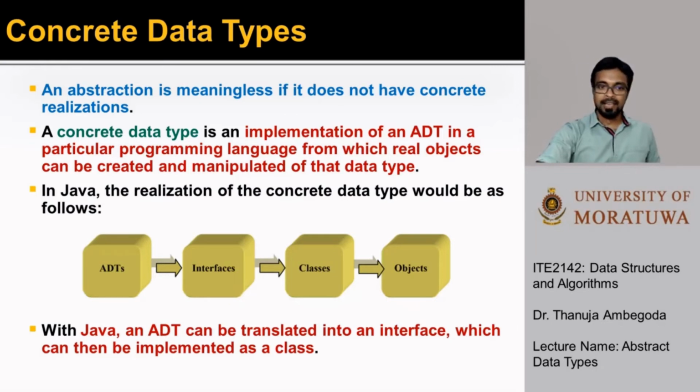And then once you have the classes, you could instantiate objects. That's the sequence of developments from abstract data types until the instantiation of objects.